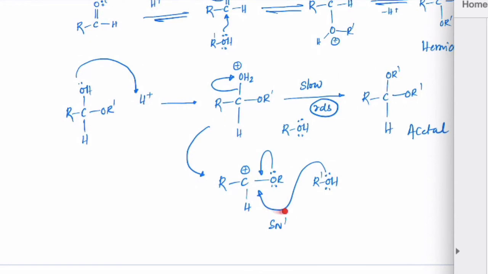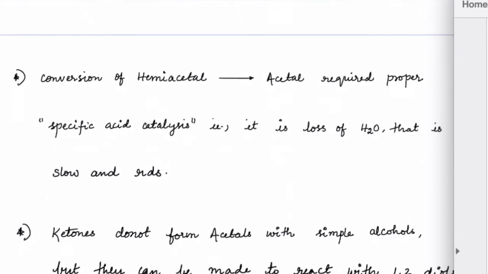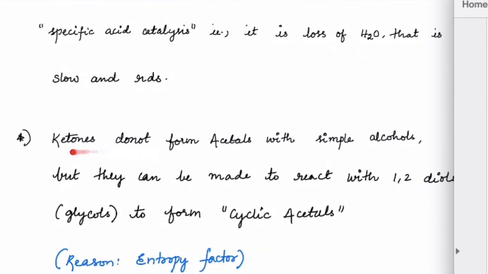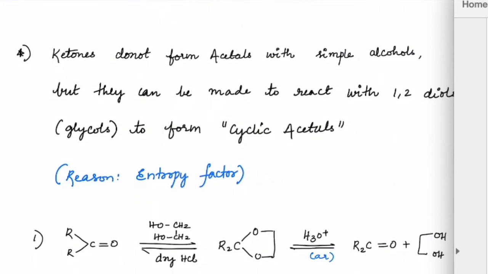We do agree that it is going through the SN1 mechanism, but yet the nucleophile is not very strong and we have to remove the water out, got it? So that becomes difficult in the case of ketones as compared to aldehydes. Another important thermodynamic property because of which ketones don't react very well is an entropy factor, got it? I'll tell you what exactly the entropy factor is in a minute.